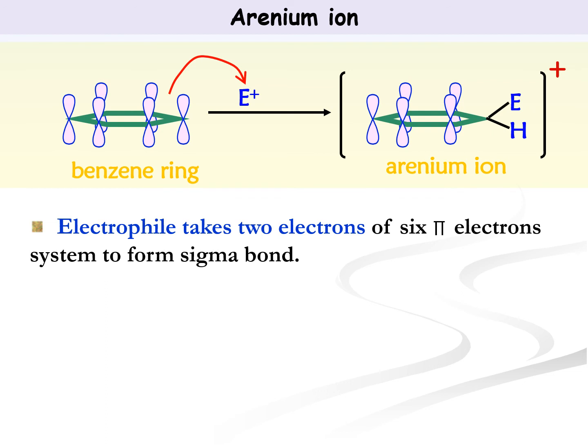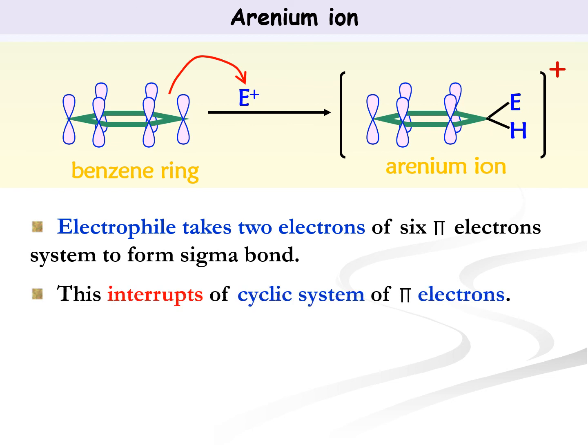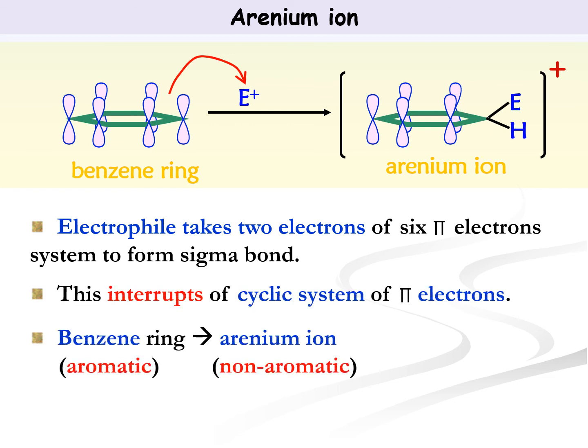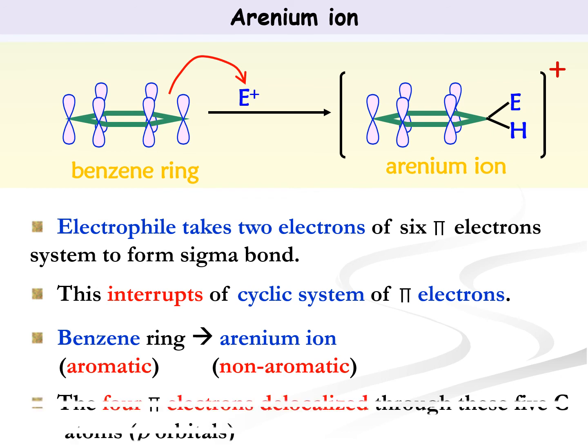The electrophile takes 2 electrons of the 6 pi electron system to form a sigma bond. This interrupts the cyclic system of pi electrons, so the benzene ring, which is aromatic, forms an arenium ion which is non-aromatic. In the arenium ion, the 4 pi electrons delocalize through these 5 carbon atoms' p orbitals.